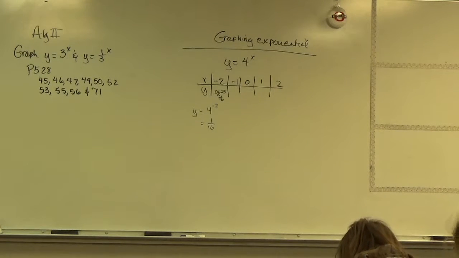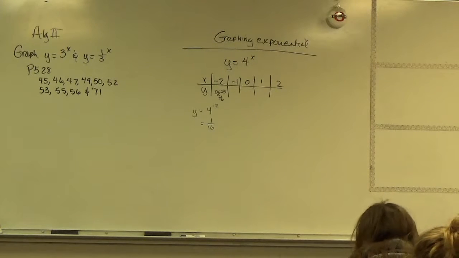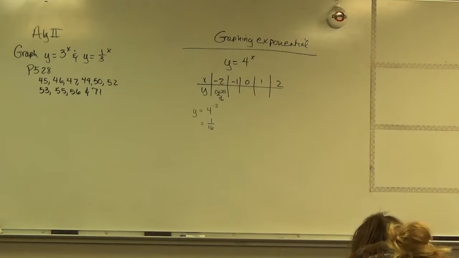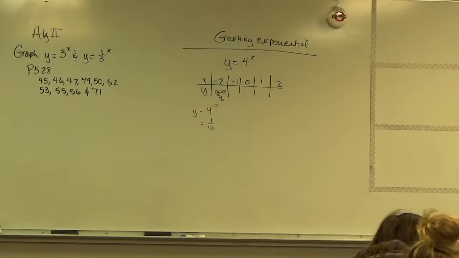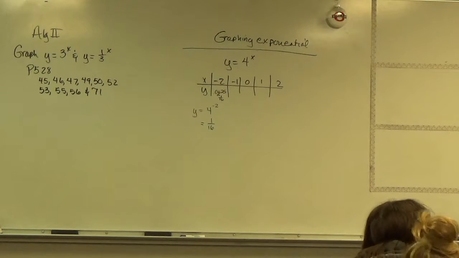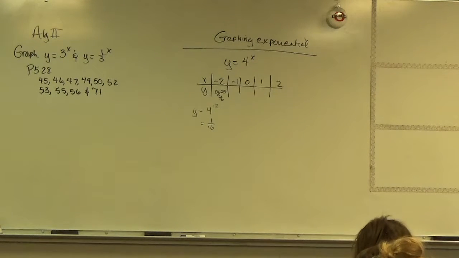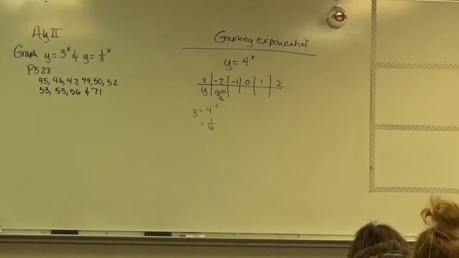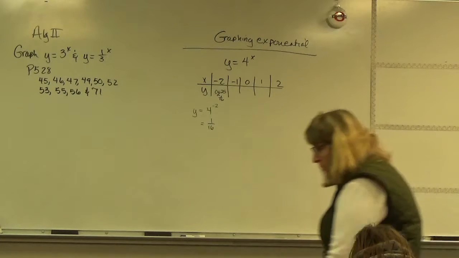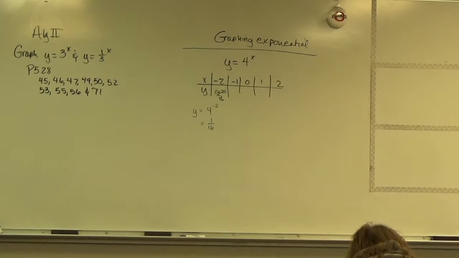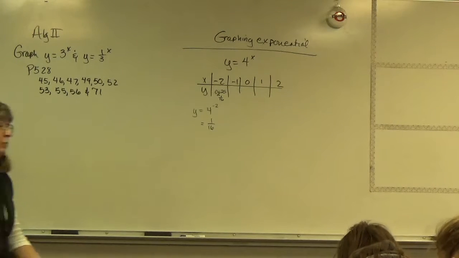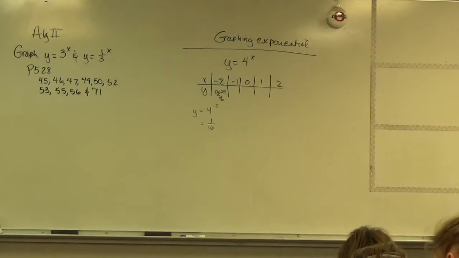Got it? Spencer, yours is a different calculator. So you need to go 4. Yeah, and then you put negative, yeah, you got it. Did you get it? Do you guys want a calculator to practice it? That's because you didn't have a calculator in your hand, so it might be a good idea to get one. Did you need one, Ron? Yes.